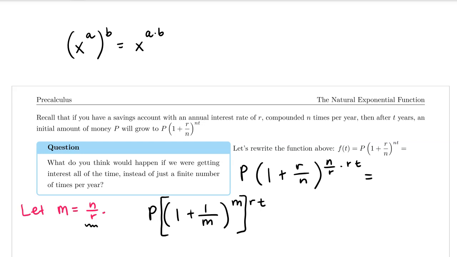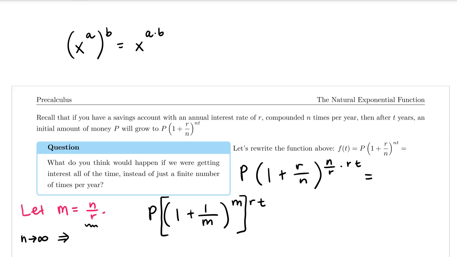What we're doing now is, because the number of times that we are compounding is going off to infinity, remember, n represents the number of times that we are compounding per year. So if n is going off to infinity, that also implies that m is going off to infinity, because r is a constant.